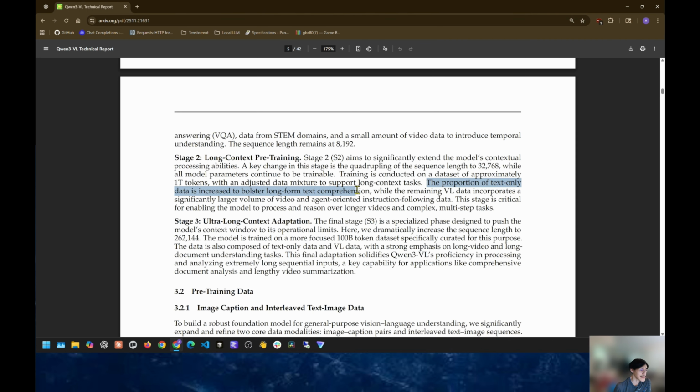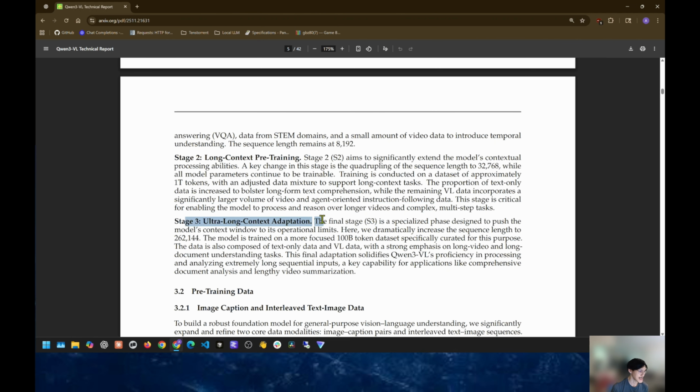The proportion of text-only data is increased to bolster long-form text comprehension, while the remaining VL data incorporates a significantly larger volume of video and agent-oriented instruction following data. This stage is critical for enabling the model to process and reason over longer videos and complex multi-step tasks.